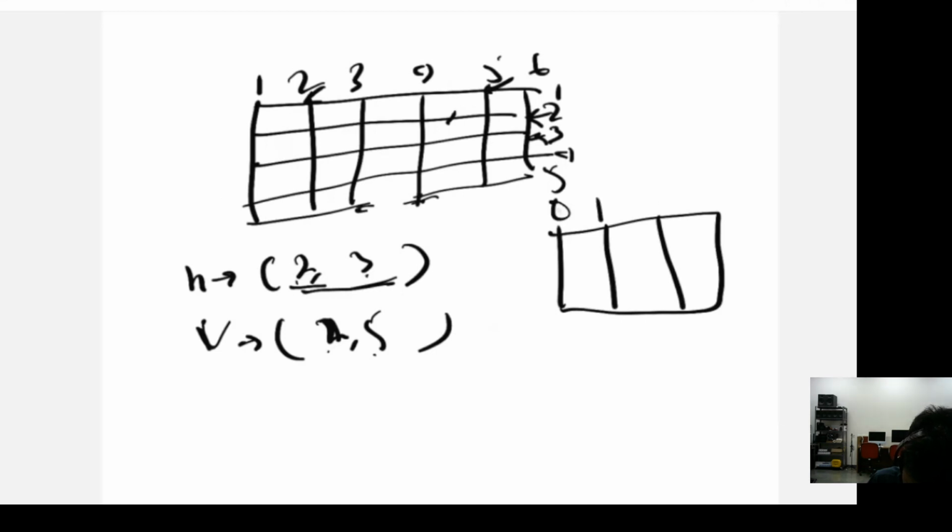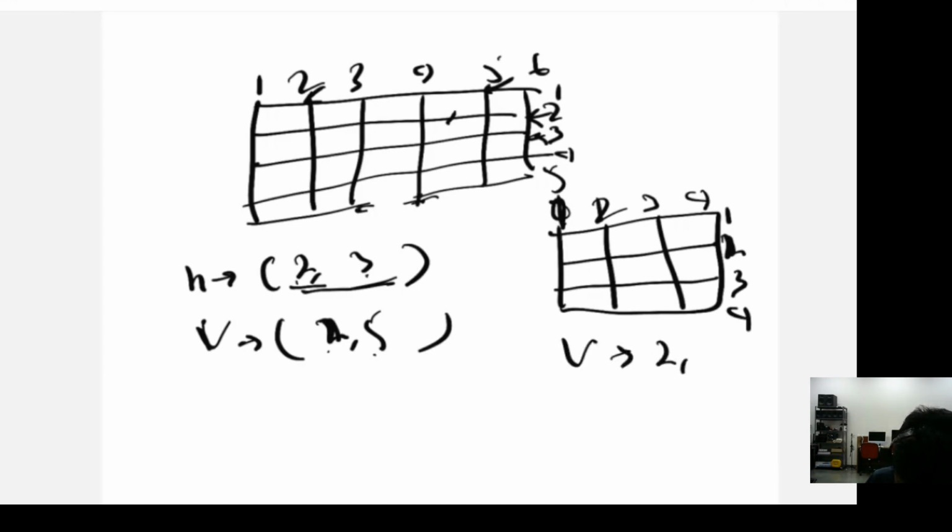Suppose you are having 0, 1, 2, 3 and 4 here, and 1, 2, 3 and 4 here. In vertical one you can remove only 2, and in horizontal one you can remove 2 and 3. So by removing these, you will not have those horizontal lines, and by removing this you are not having this line.